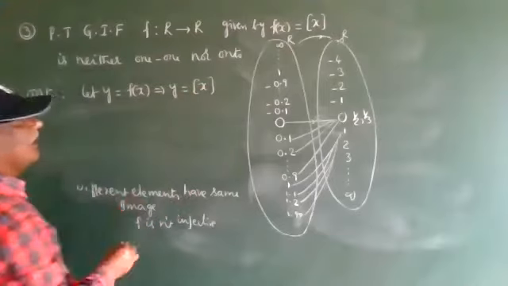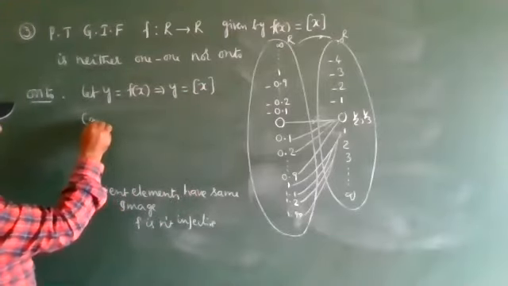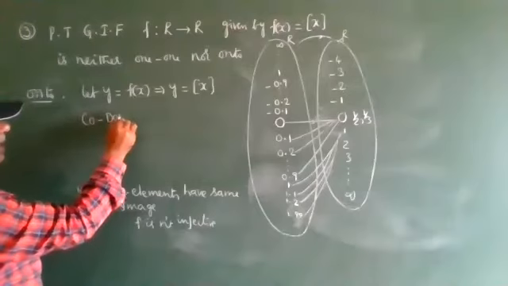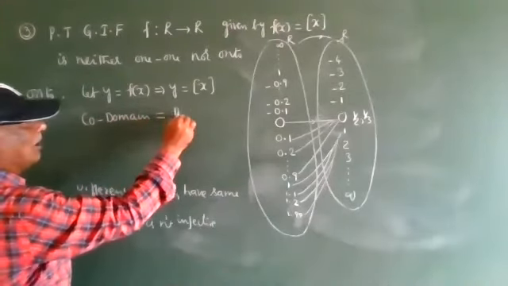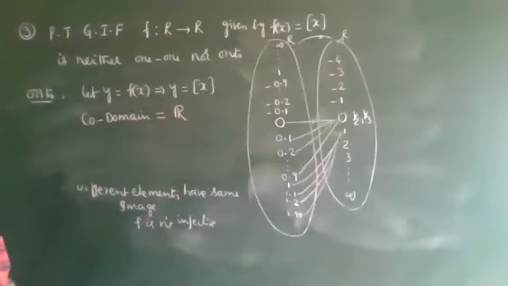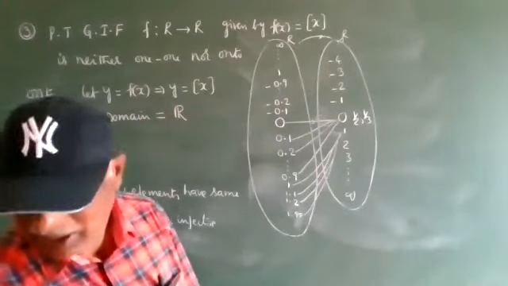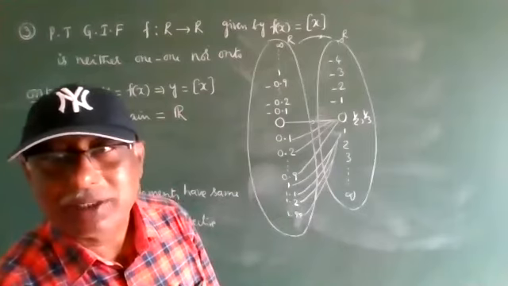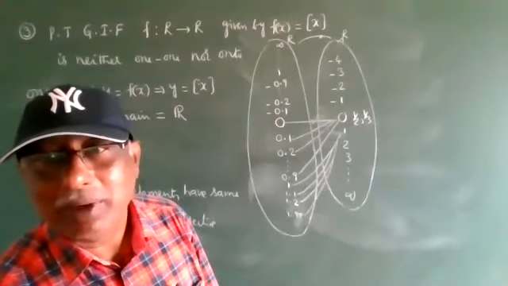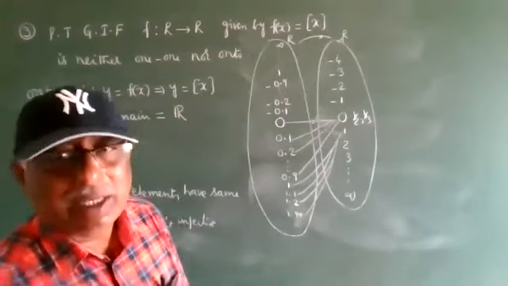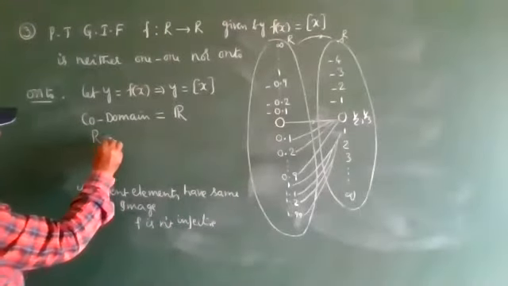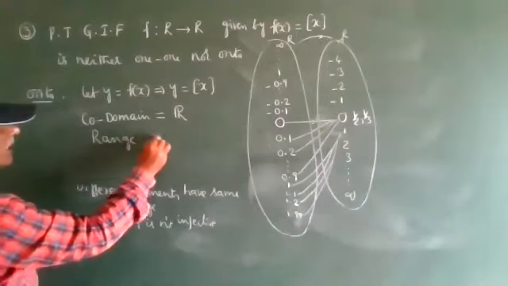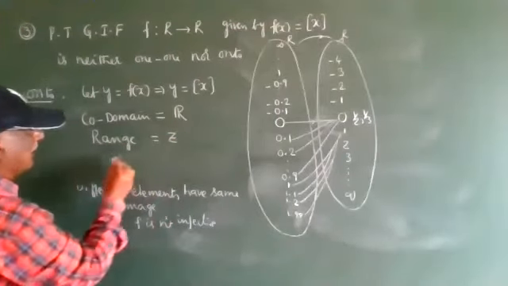The codomain is equal to all the real numbers. But what is the range? Everyone see what range we are getting. Integers only, not decimal points. So range is equal to integers.